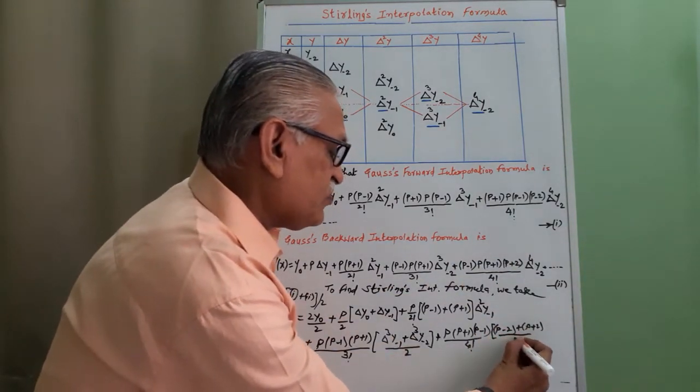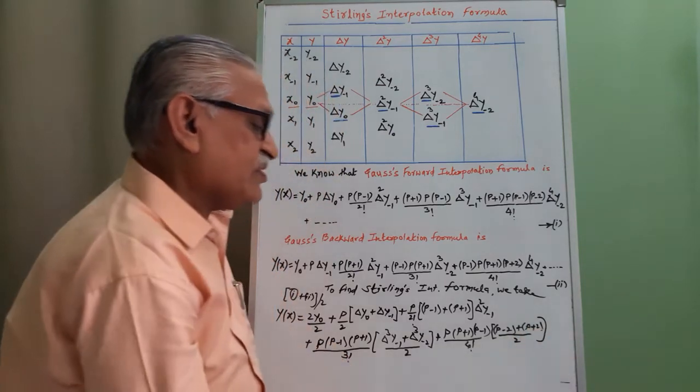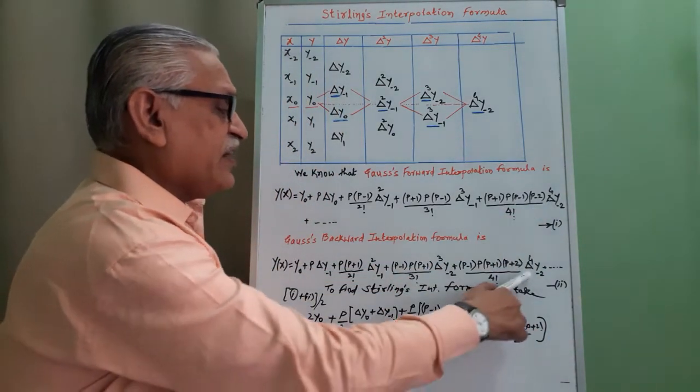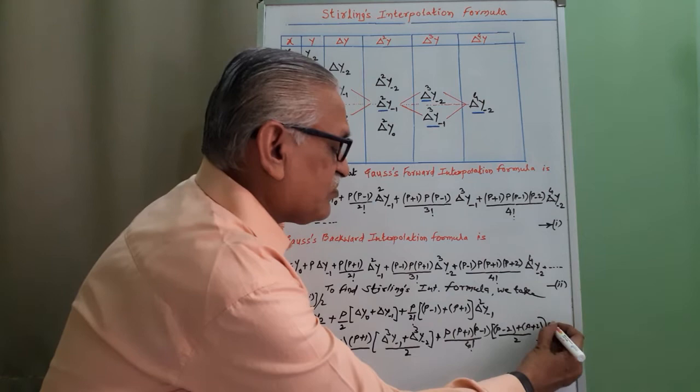We take the average of these two, and common is del raised to 4 y minus 2.